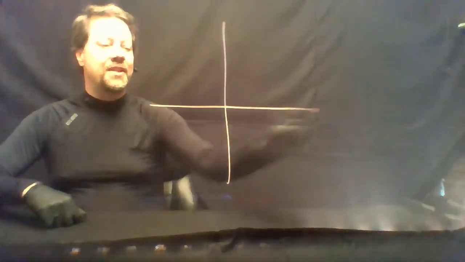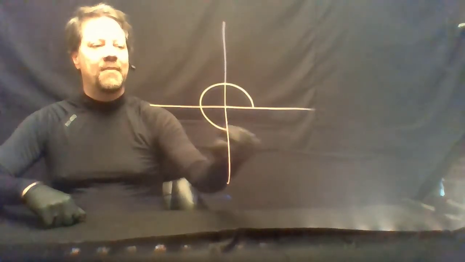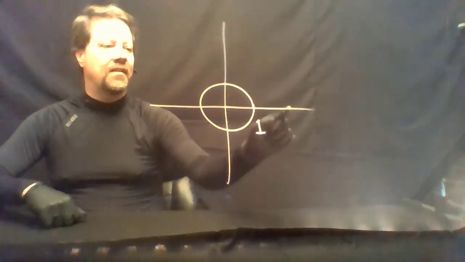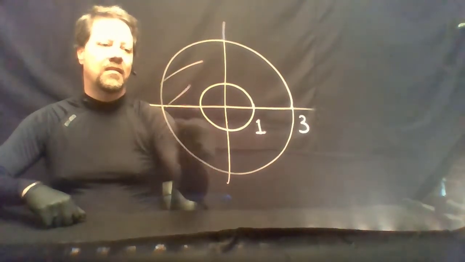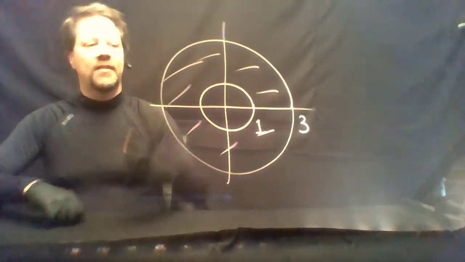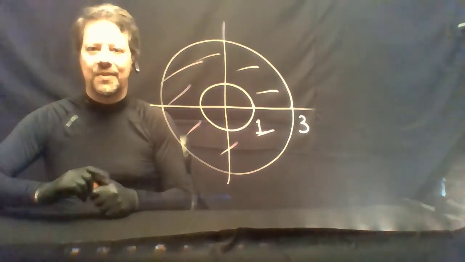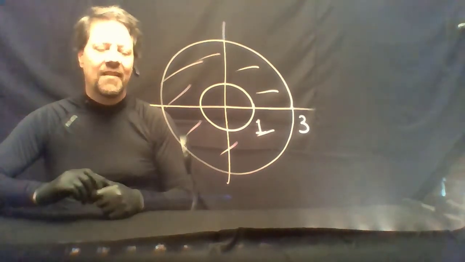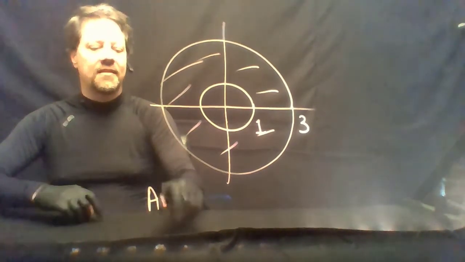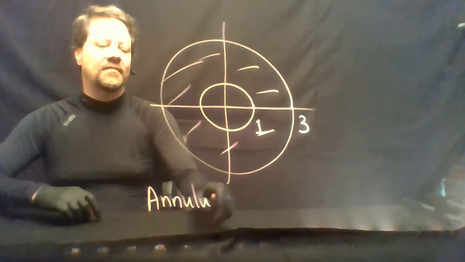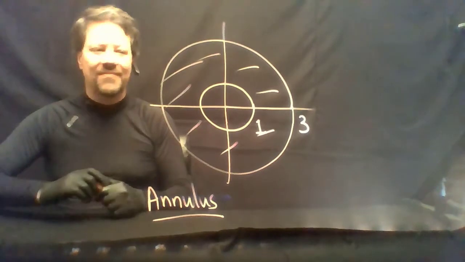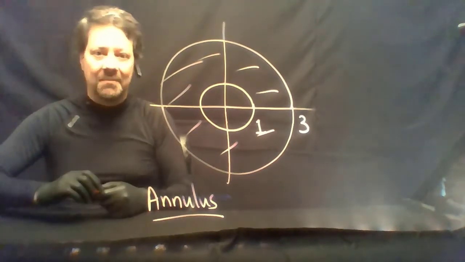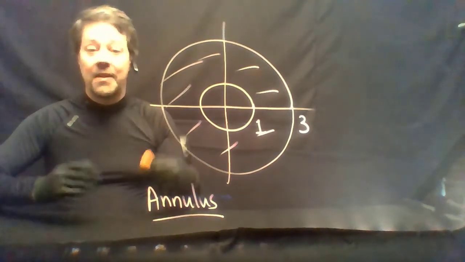A sort of region that you should be aware of might be something like this. The region between two circles in the plane. This is called an annulus, after the annular rings of a tree, the root being annum, like year.